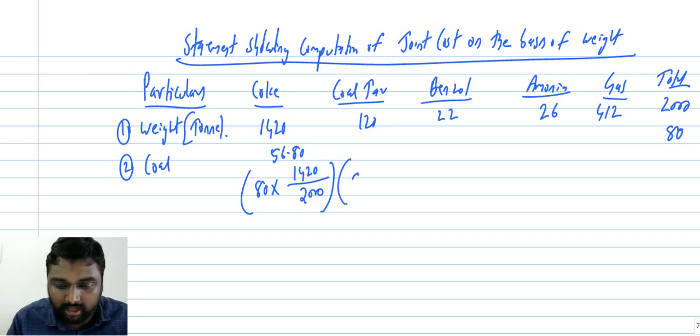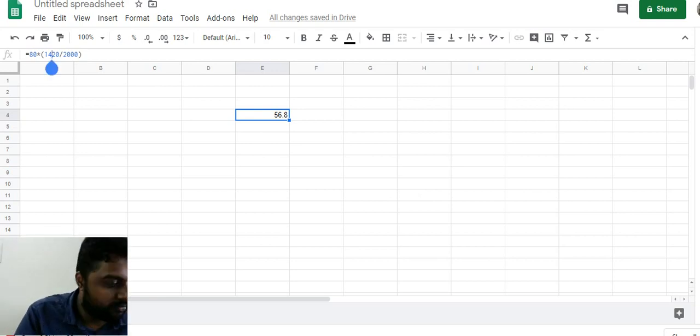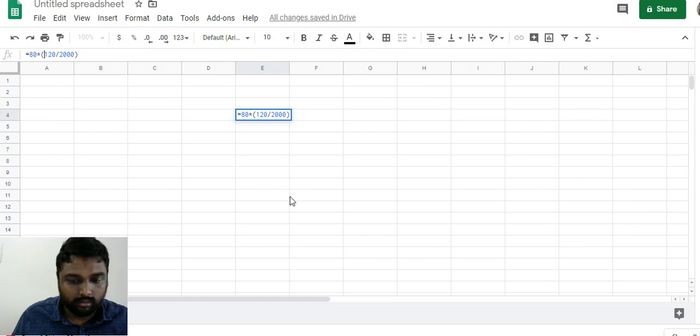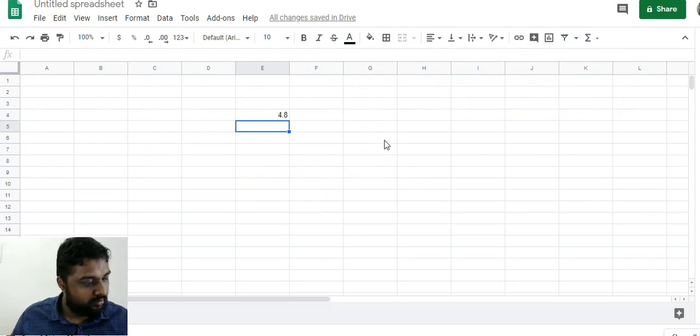What will be for the next item? 80 into, instead of 1420 we have to make 120 by 2000. That is 4.8.